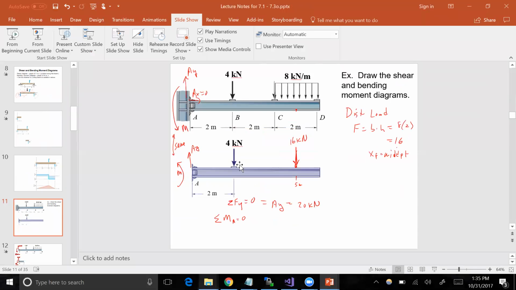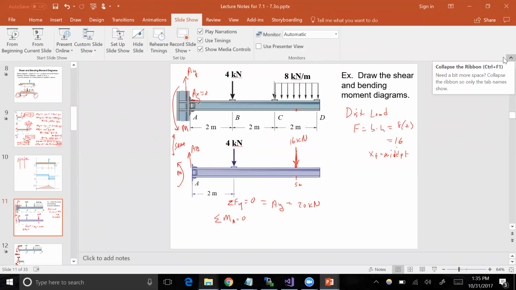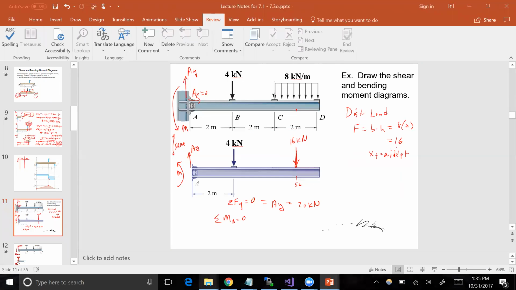Yeah, that's too small, isn't it? Where do I change the pen color?